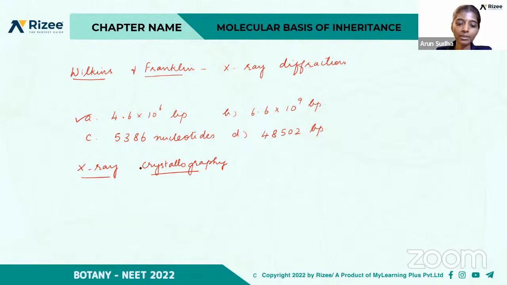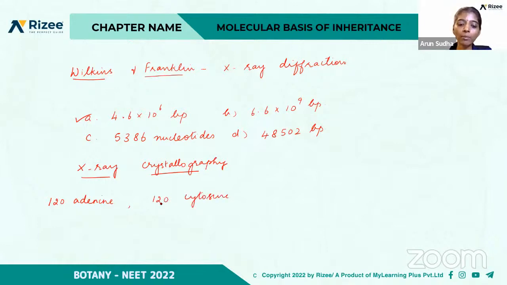Then the next question is, a short length of a DNA molecule contains 120 adenine and 120 cytosine.